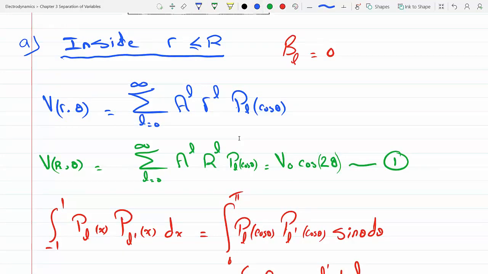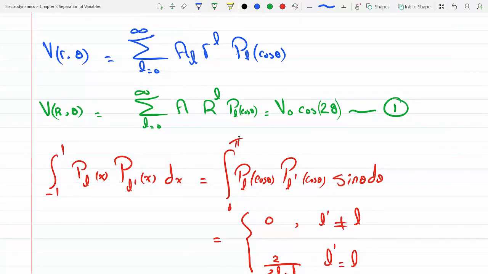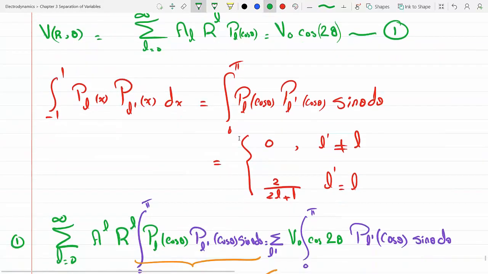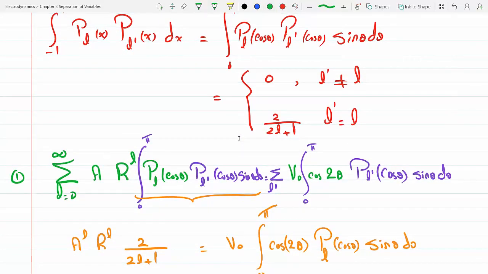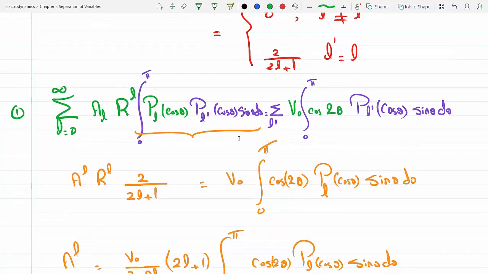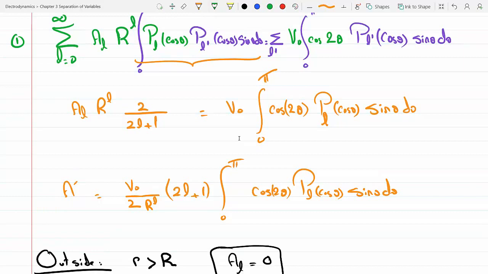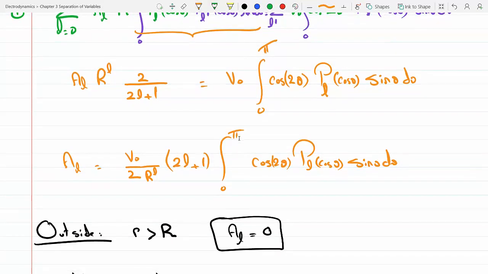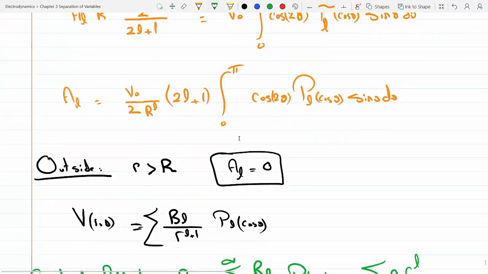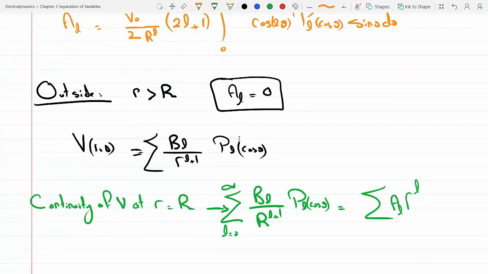I didn't mean for this to happen, but this L is down here. It's not a power, it's an index. It's A_L. Okay, so back to here. So this is A_L R^L P_L of cosine theta.